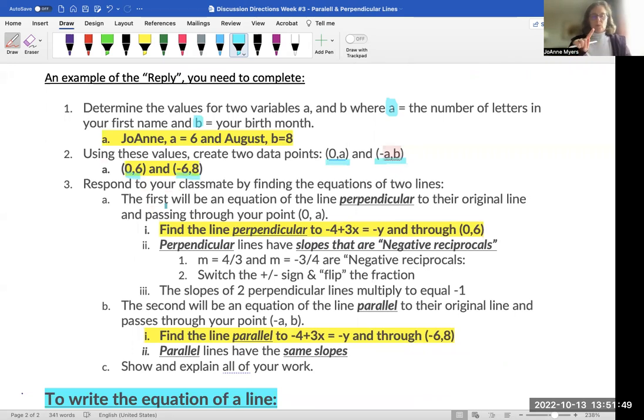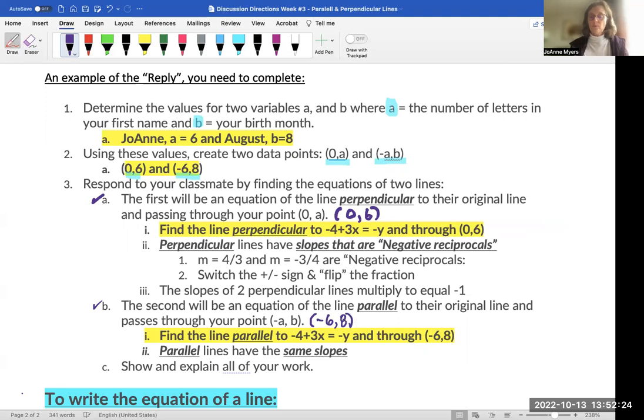The first will be an equation of the line perpendicular to my classmate's original line, passing through my point 0, A. So in my case, that's going to be the point 0, 6. And then that's part A. Part B, find the equation of a line parallel to my classmate's original line and through my point, -A, B, which in my case is -6, 8.